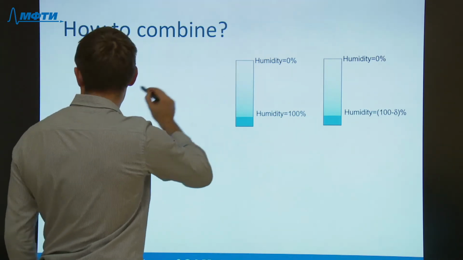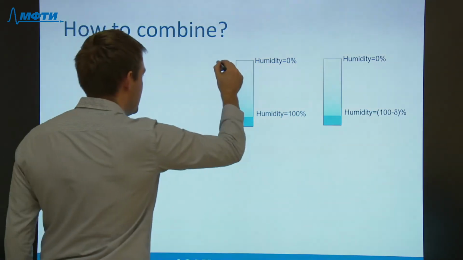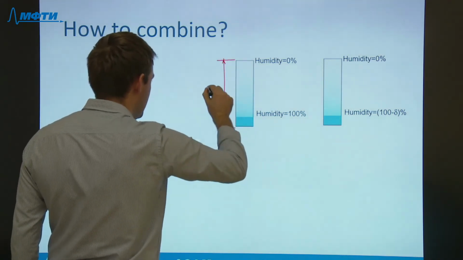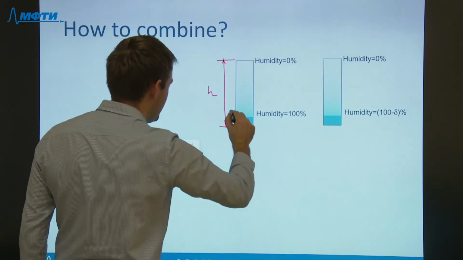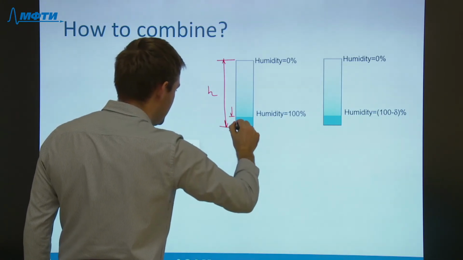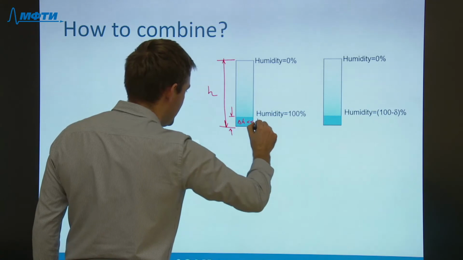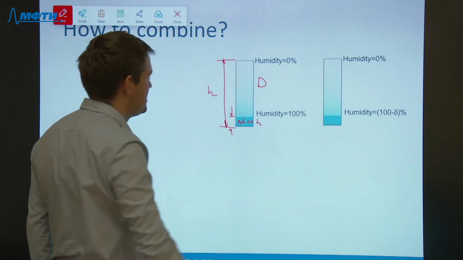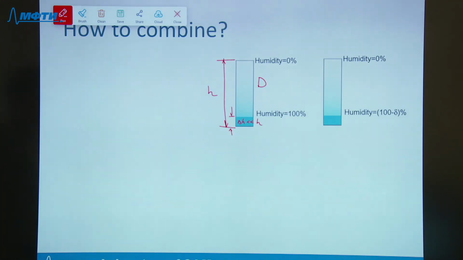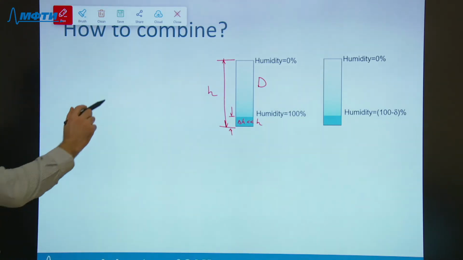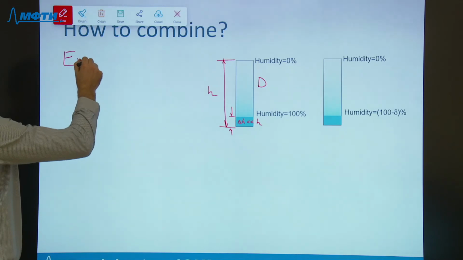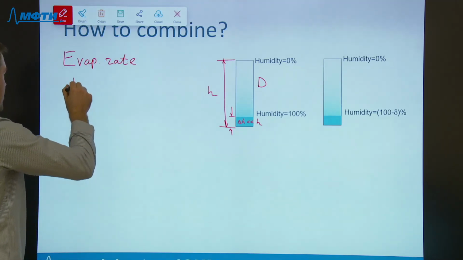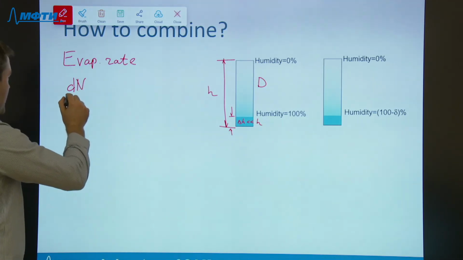The glass has height H. The level of water is delta H, much smaller than H, and the diffusivity of water vapor is known and equals D. You need to find the evaporation rate, which is the number of evaporated particles per unit time.